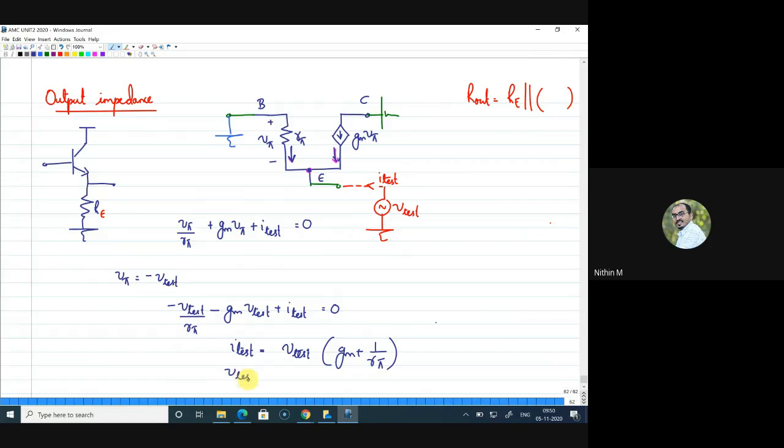So I can say V test by I test is equal to R pi by 1 plus Gm R pi.